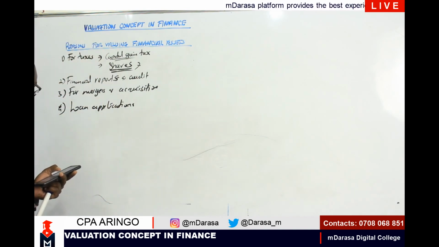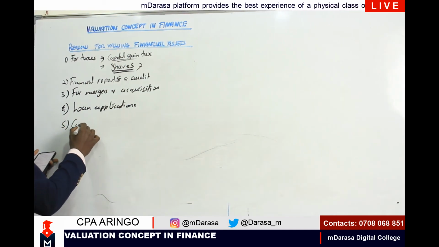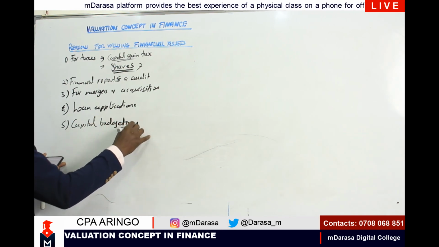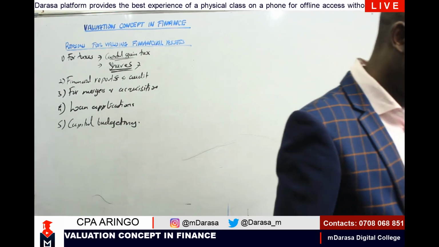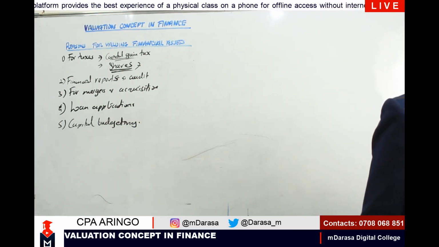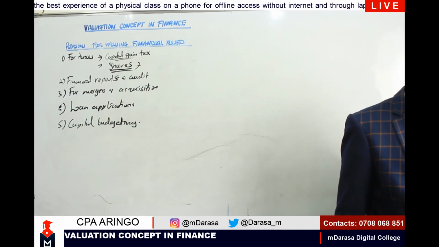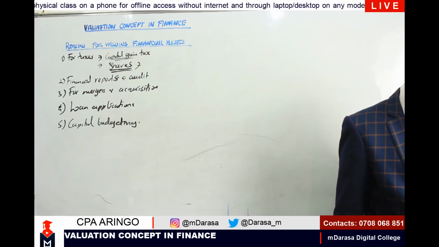Number five, talk about capital budgeting. Anytime you're talking about capital budgeting, my good students, ideally, we are looking at the complete analysis and planning of the investments made in a business.